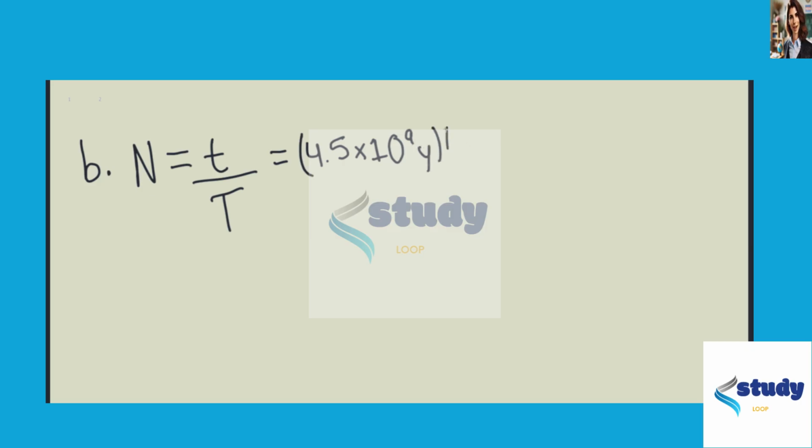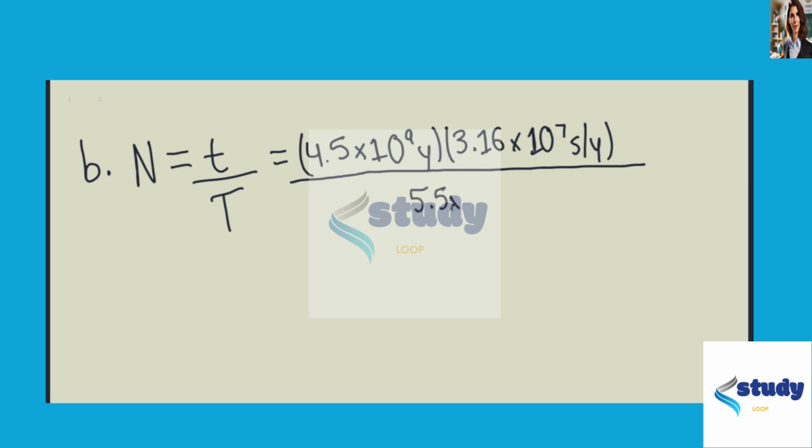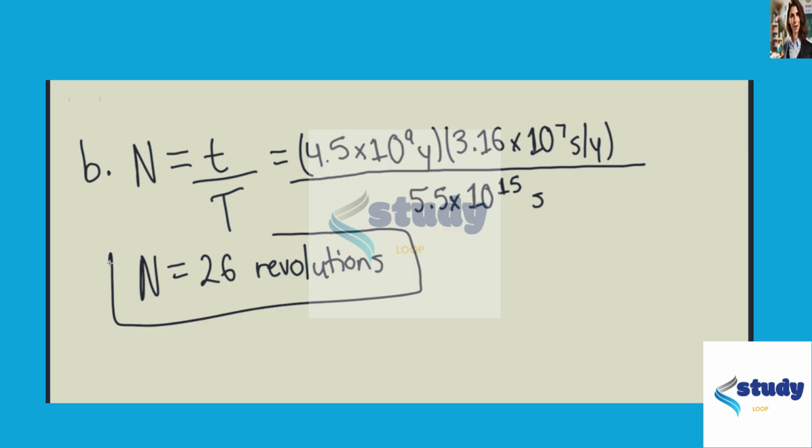There are 3.16 times 10 to the 7th seconds per year. And then we're going to divide it by the period that we had just found in part A of 5.5 times 10 to the 15th seconds. And we find that n is equaling 26 revolutions. This would be our final answer for part B.